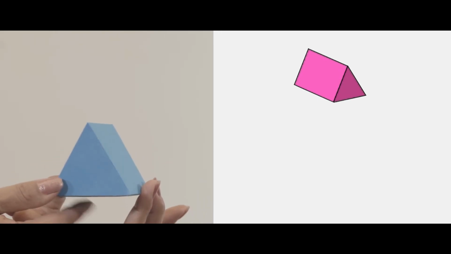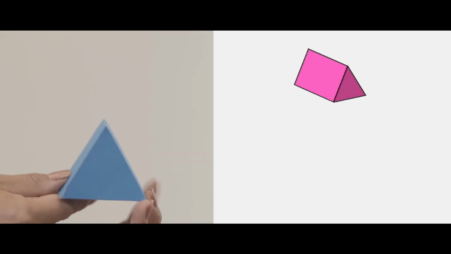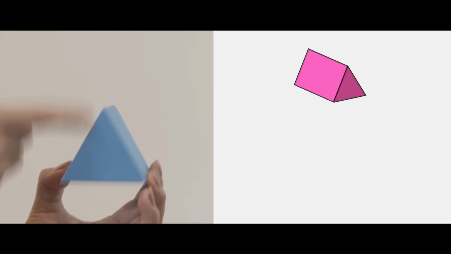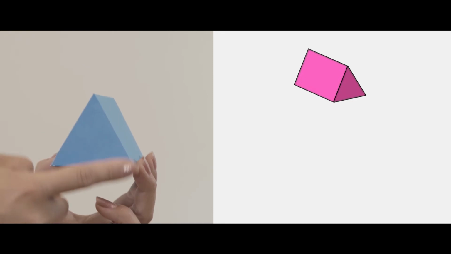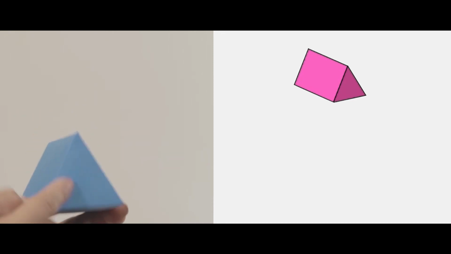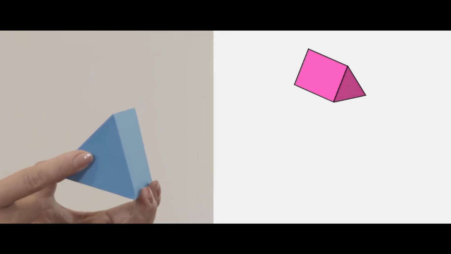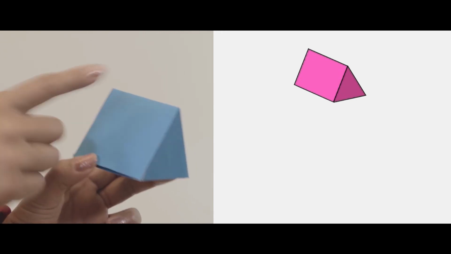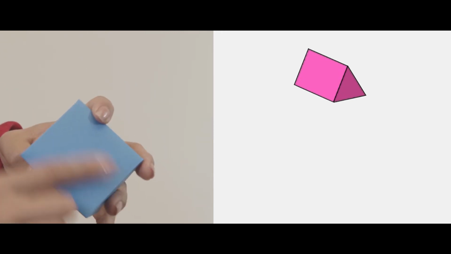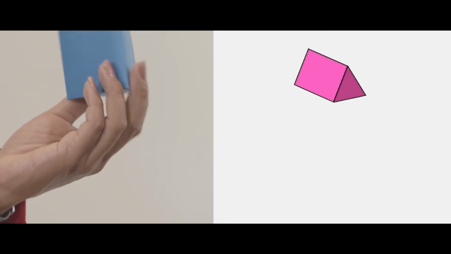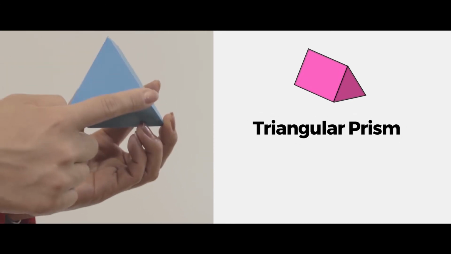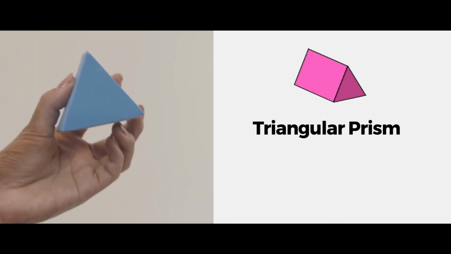Now, what is the name of this shape? It's a triangular base, right? 1 and 2 triangular bases. And these 2 triangular bases are joined by rectangular faces. So this shape is triangular prism.